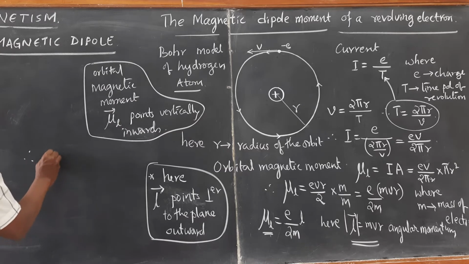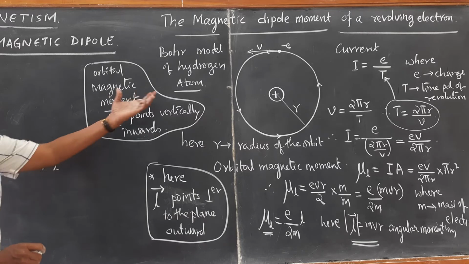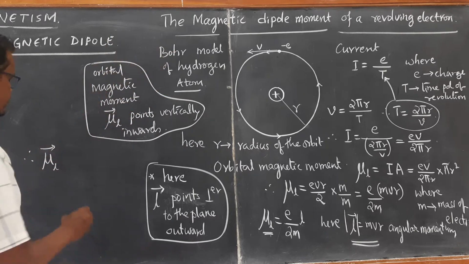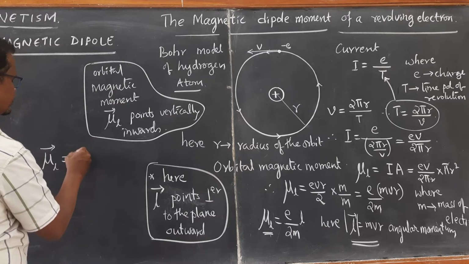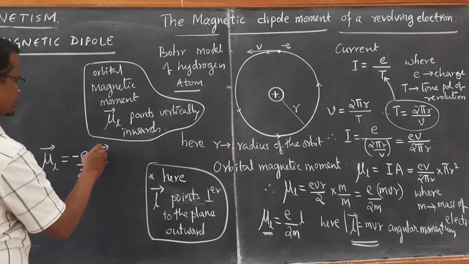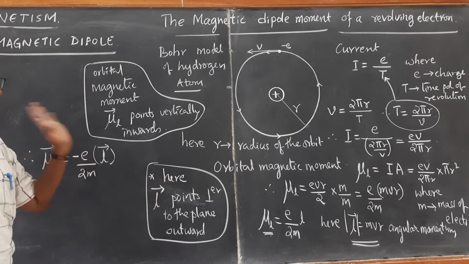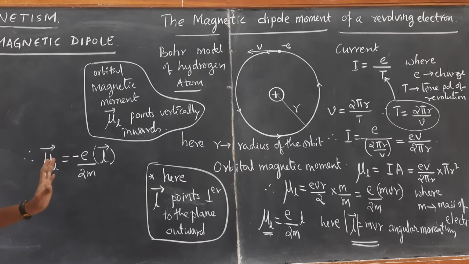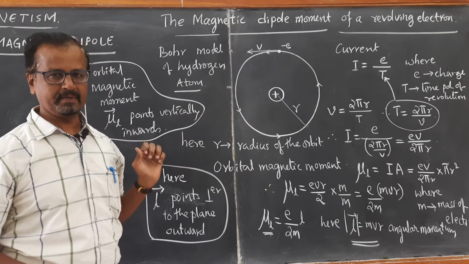Therefore, mu L vector, the orbital magnetic moment vector of the revolving electron, is equal to minus e upon 2m into L vector. It means the magnetic moment is exactly in the opposite direction of the angular momentum vector, because the electron is a negatively charged particle.